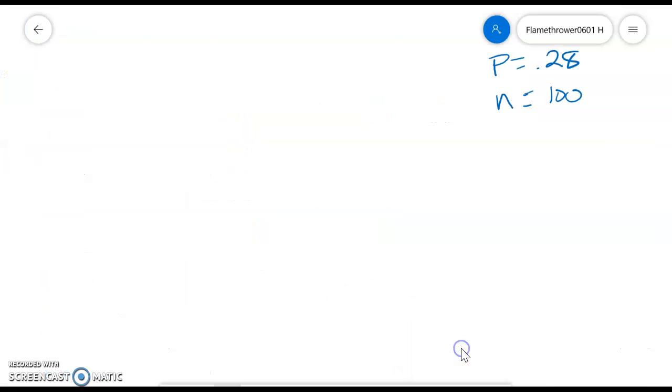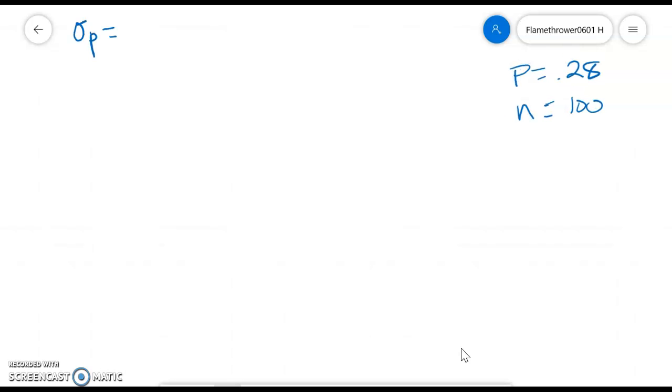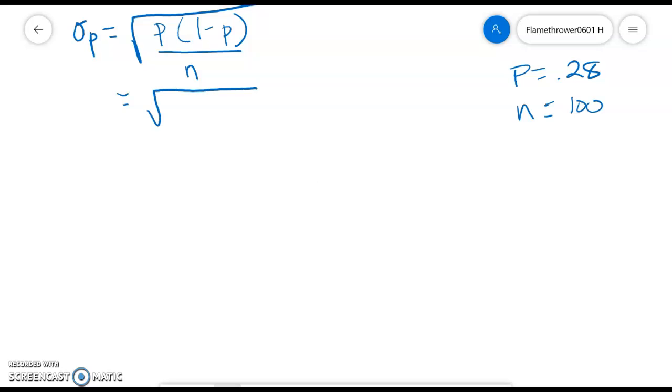So let's just go through the steps. The first step is to calculate the standard error of the proportion. So the standard error of the proportion equals the square root of p times 1 minus p over N. So we know that p is 0.28 times 1 minus 0.28, and N is 100.